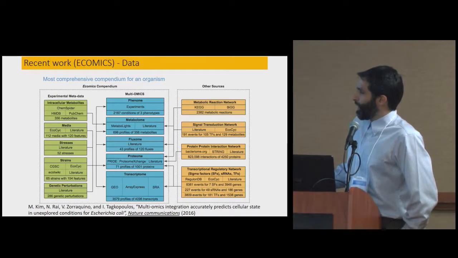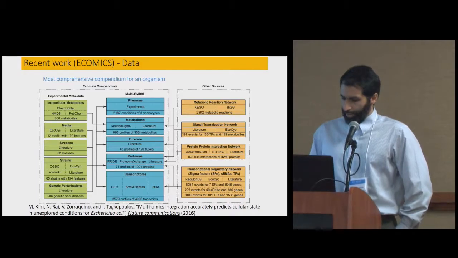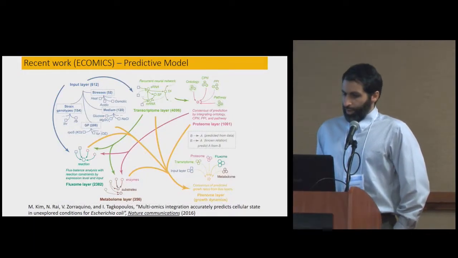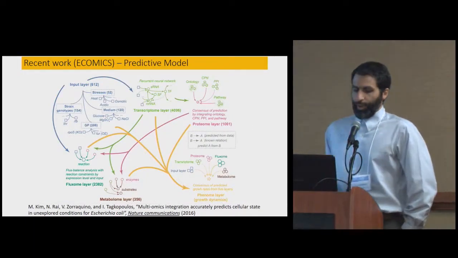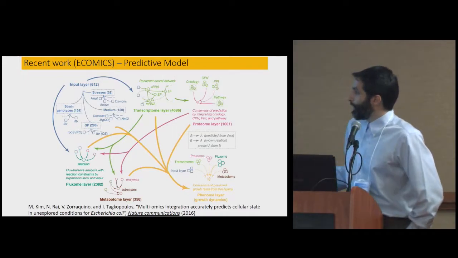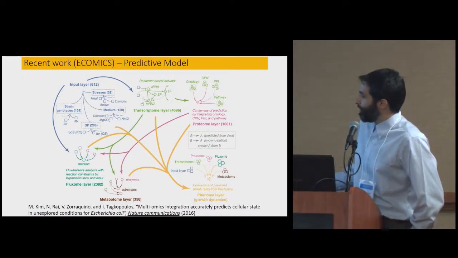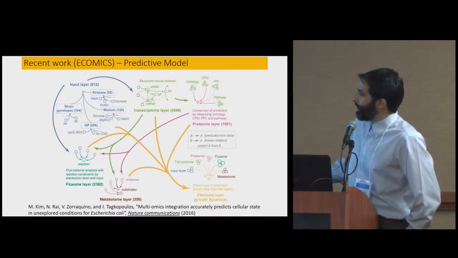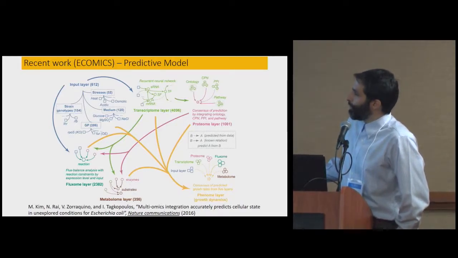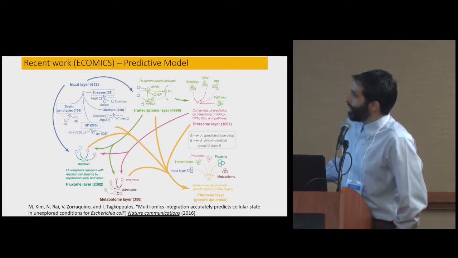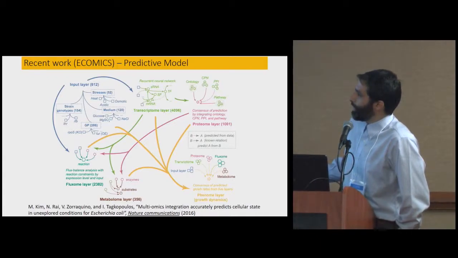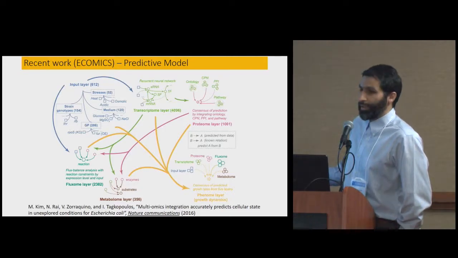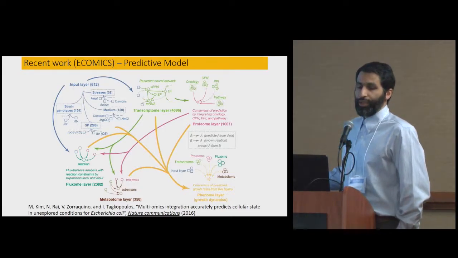And next we try to do prediction of the cellular behavior from all these different layers. So it starts from the input layer where you have different stresses. It can be, for example, heat, which is a given stress. You would use the genetic setting of the given species, in this case E. coli.